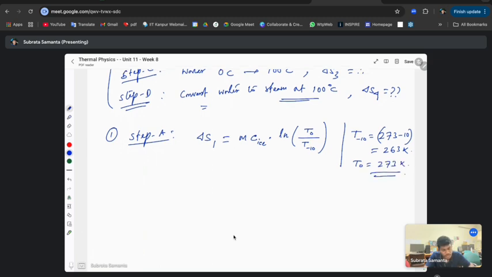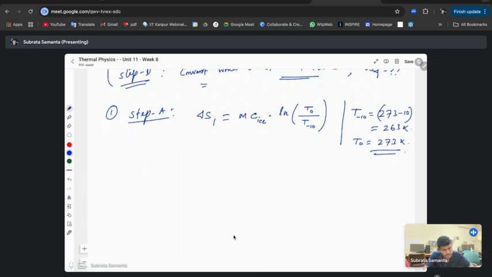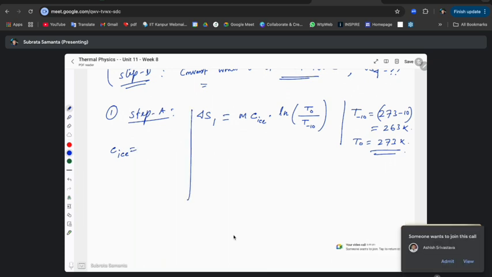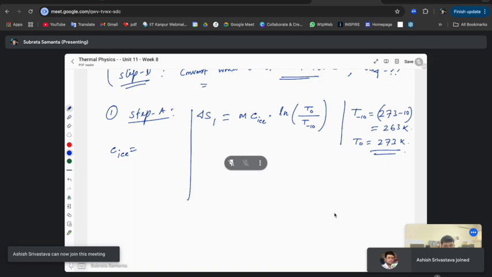And I know what C ice is. C ice, the specific heat of ice, is given in the problem.